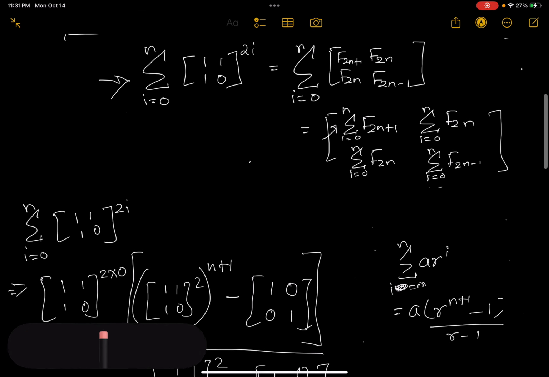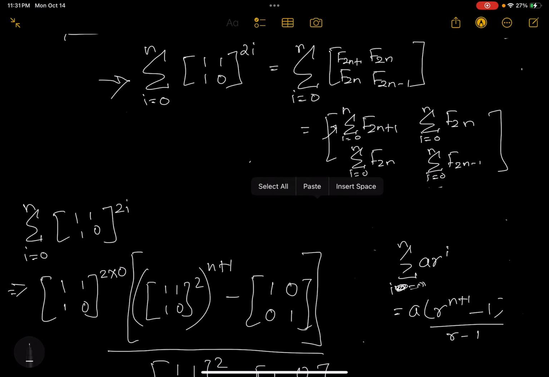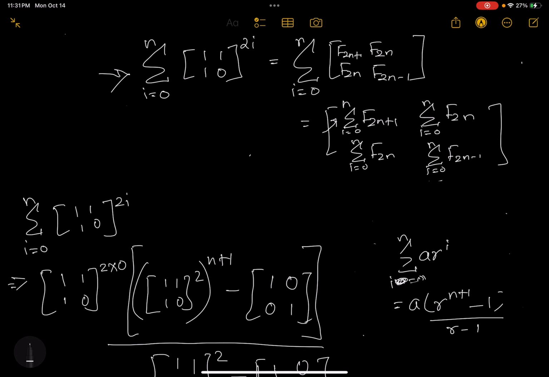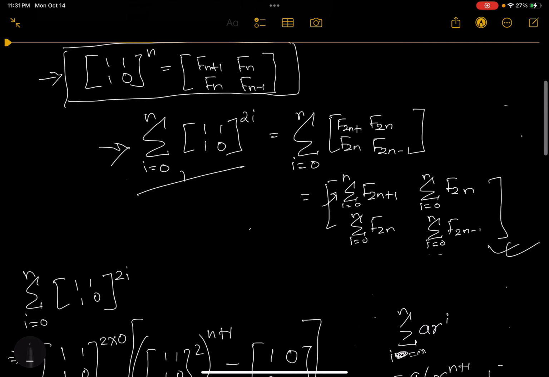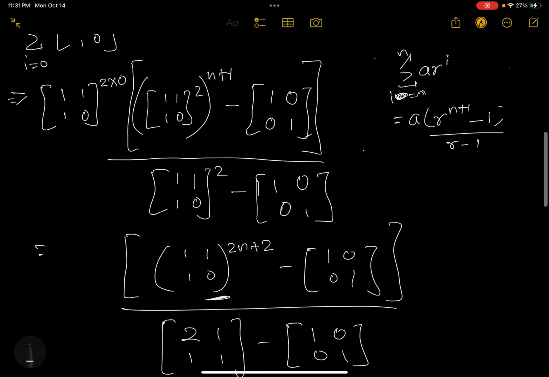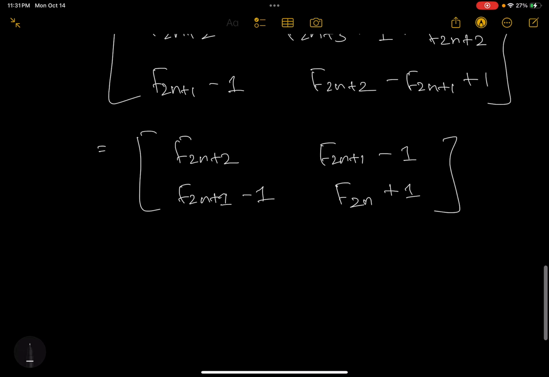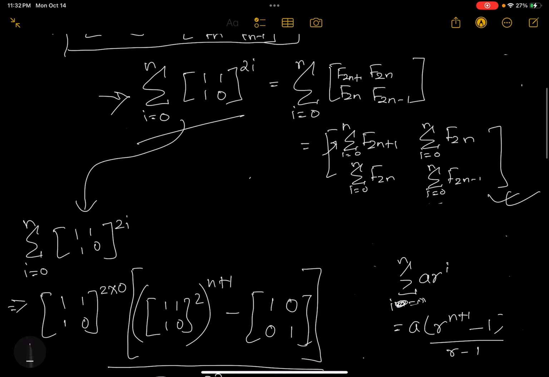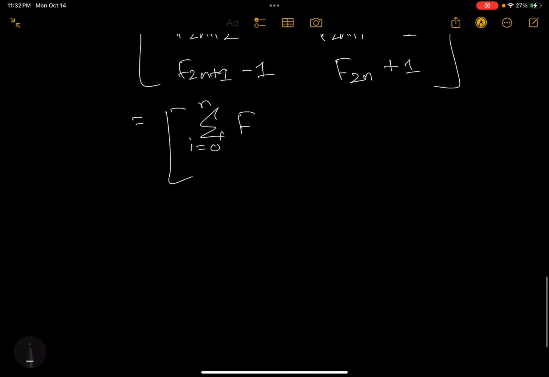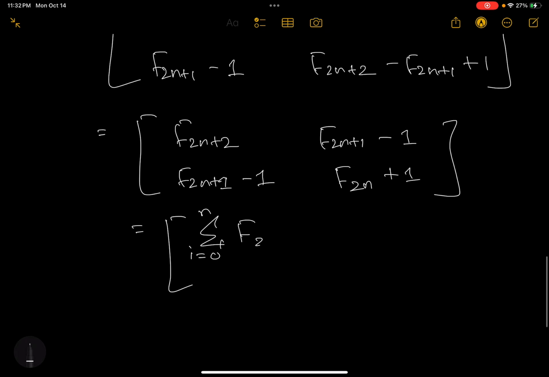Yeah. Okay, now we know that this expression over here is actually equal to this sum, right? So this expression is the same thing that we manipulated over here. So this final result should also be equal to the sum from i equals 0 to n of f 2n plus 1.